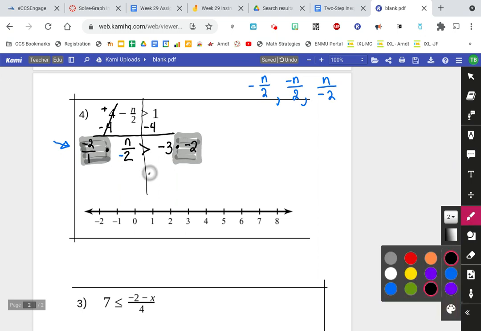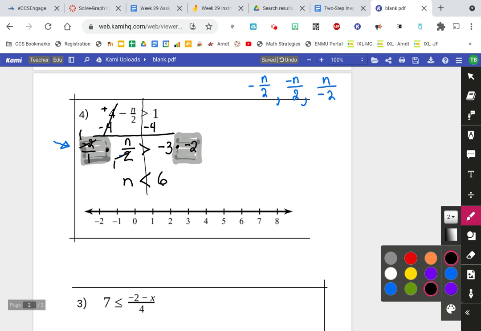I have to reverse that inequality symbol right now, or else I'm going to get false statements and incorrect answers. Anyway, what's going to happen is this negative 2 is going to divide into that negative 2, giving us a positive 1n. And then on the right-hand side, negative 3 times negative 2 gives me a positive 6.